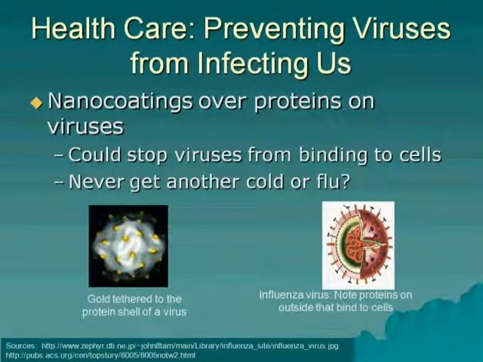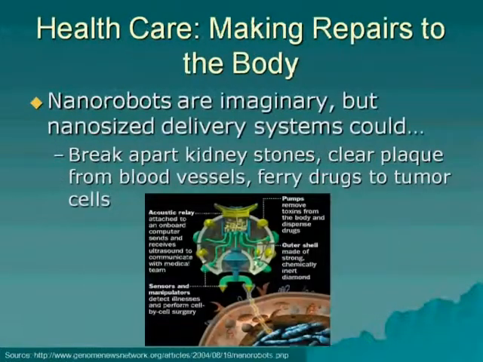Nanocoating prevents us from viruses. Nanotechnology is also used to repair the body, such as to break apart kidney stones, clear plaque from blood vessels, and ferry drugs to tumor cells.